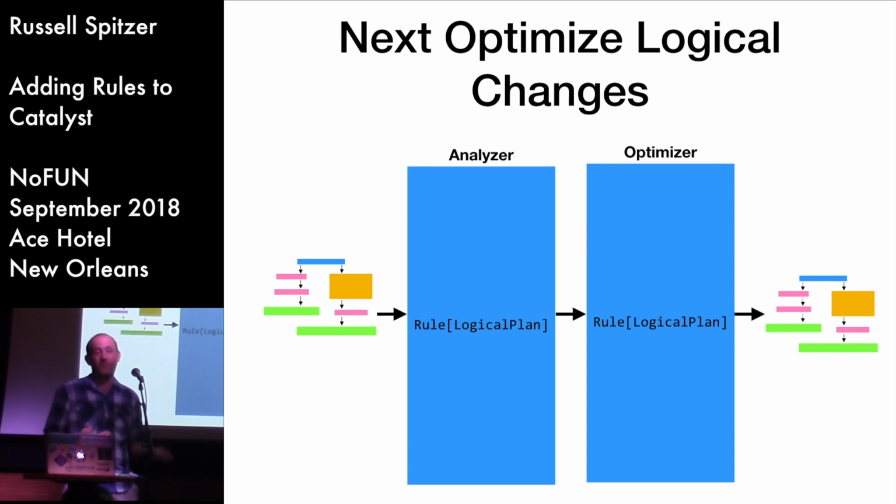One example is foldable. They made a class with a trait called foldable, and if you have a bunch of foldable things, that means they can all be evaluated right then, rather than going through the planning process. For example, in constant folding, if I have 5 plus 5 times 30, that can just be evaluated immediately.